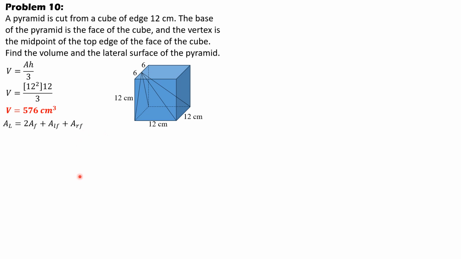So area lateral is equal to 2 times quantity 1/2 of 12 times square root of 6 squared plus 12 squared, plus 1/2 of 12 times 12, the area of the left face, then plus area of the right face, 1/2 of 12 times square root of 12 squared plus 12 squared.